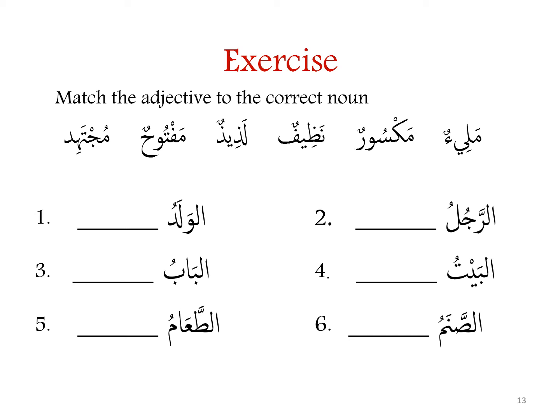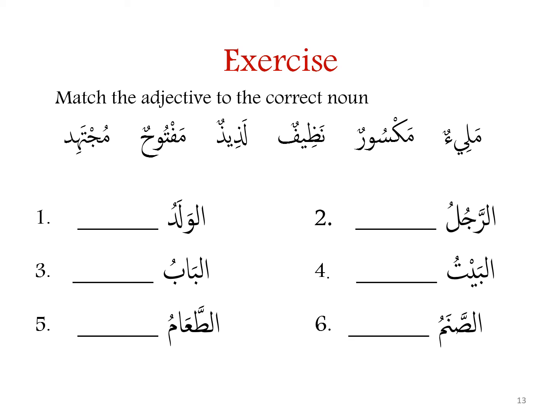So, for example, here we have ar-rajulu, which means the man. We need an adjective that's going to match it in meaning. Okay? So, for example, ladhidhun here means delicious. Now, I probably wouldn't say ar-rajulu ladhidhun, meaning the man is delicious, unless we mean it metaphorically or something. But in general, I wouldn't use this adjective over here.